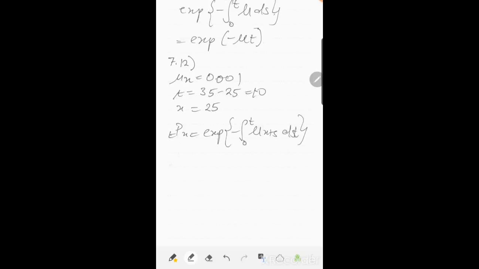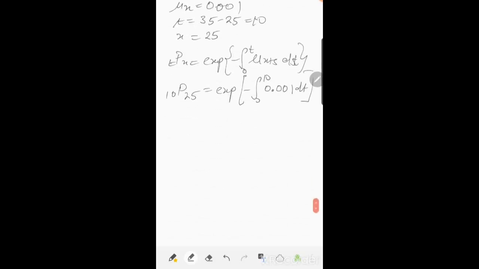t is 10, so this is 10p25, which is equal to the expectation of e to the negative integral from 0 to 10 of 0.001 dt. From here it's just simple calculus integration.